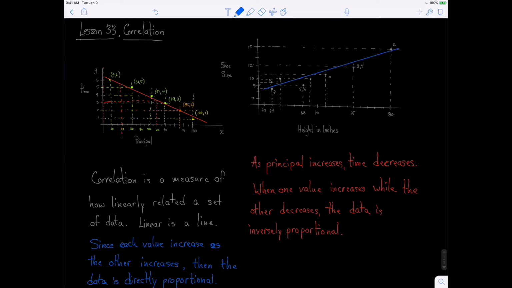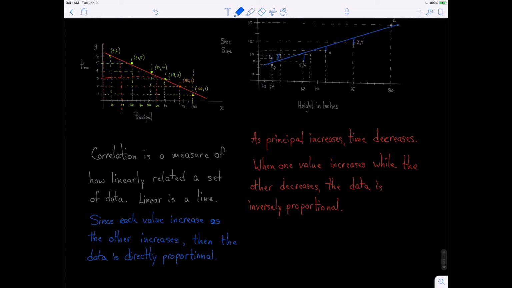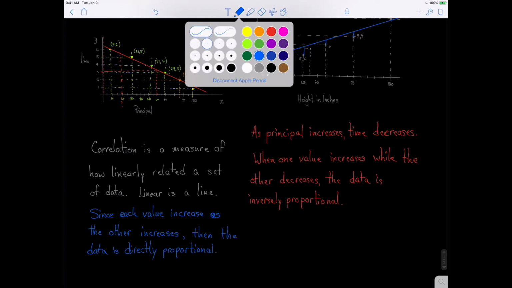But if you notice here in the blue, we have some bigger gaps of the data away from the line. And so it fits, but not quite as well. So what correlation does is measure that fit. How tight is it? And not only that, it tells us if the data is inversely proportional or directly proportional.